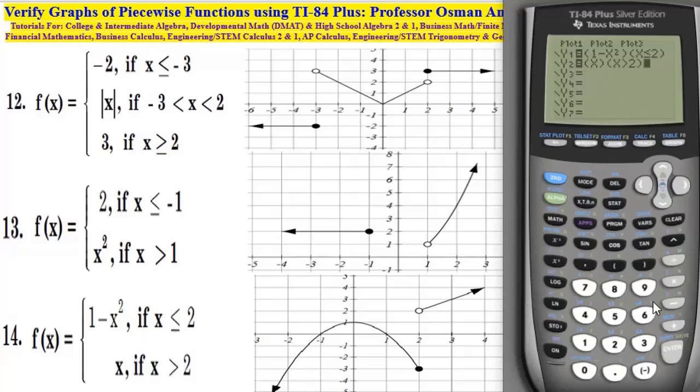Okay, let's adjust the window. The window is from minus 3 to 4 for x, and the y values are from minus 5 to 5.